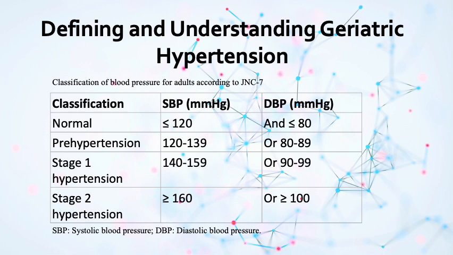Stage 1 hypertension is defined as having systolic blood pressure between 140 to 159 millimeters mercury, or diastolic blood pressure between 90 to 99 millimeters mercury. Stage 2 hypertension is defined as having systolic blood pressure greater than or equal to 160 millimeters mercury, or diastolic blood pressure greater than or equal to 100 millimeters mercury.